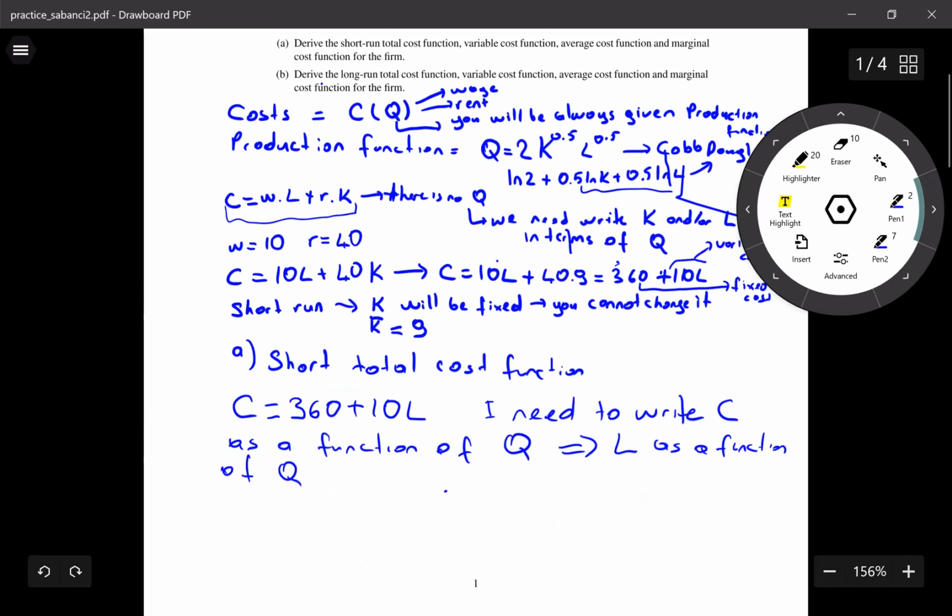This is what I need to do. How can I write L as a function of quantity? The only equation that will help me is the production function.